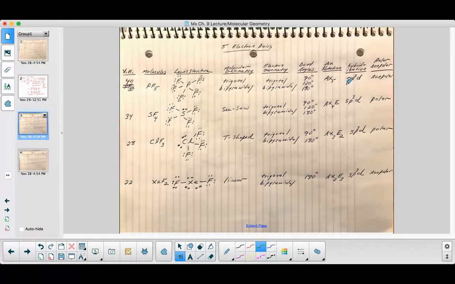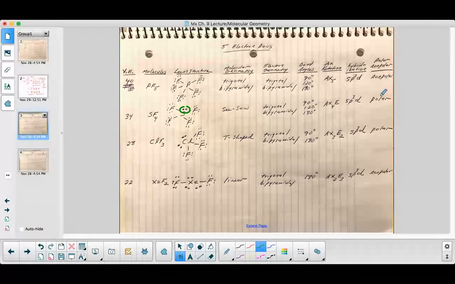That leaves me with 5 total bond sites, and that's what I need. And the same thing here: although I only have 4 terminal atoms, I still need a bond site for that unshared pair, so it becomes sp3d again. And so all of these are sp3d.